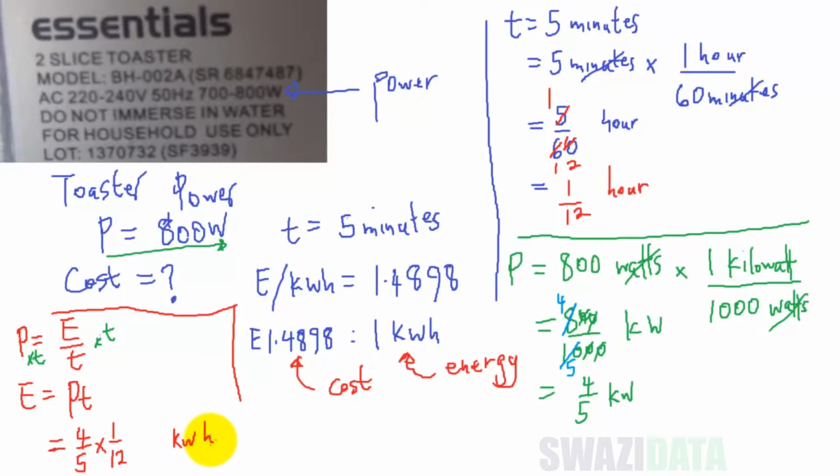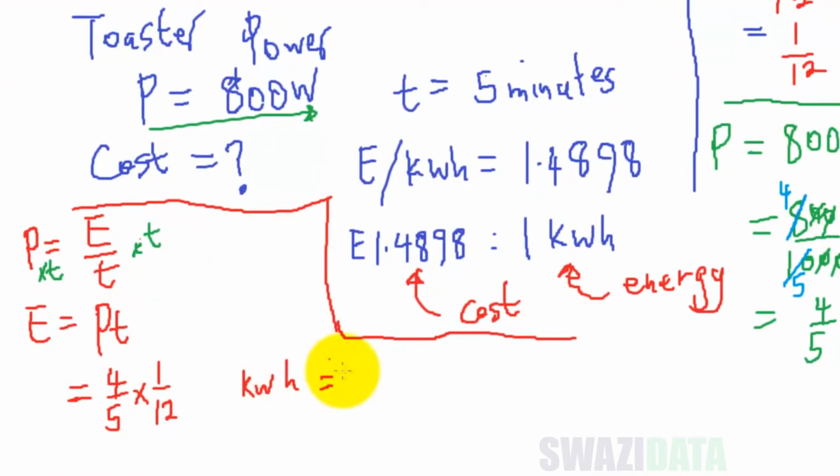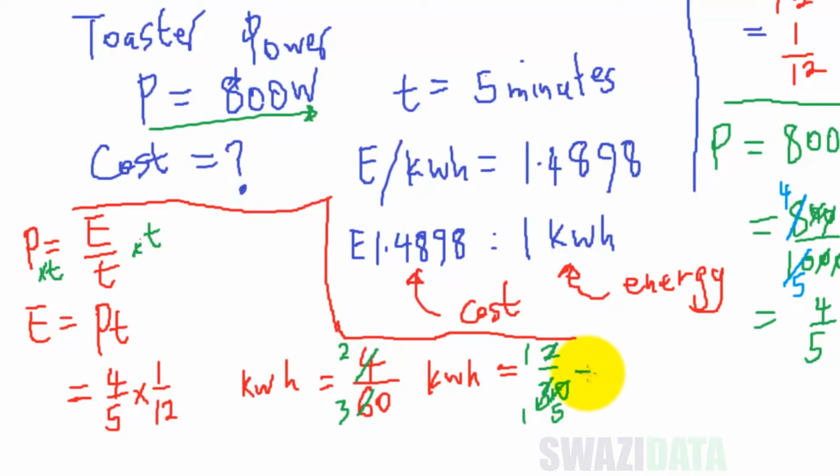So the answer is 4 over 60 kilowatt hours. Simplifying by dividing by 2 twice, the answer is 1 over 15 kilowatt hour.